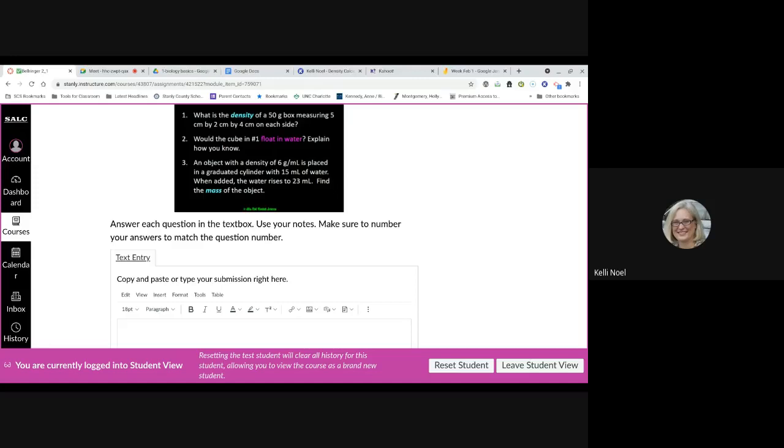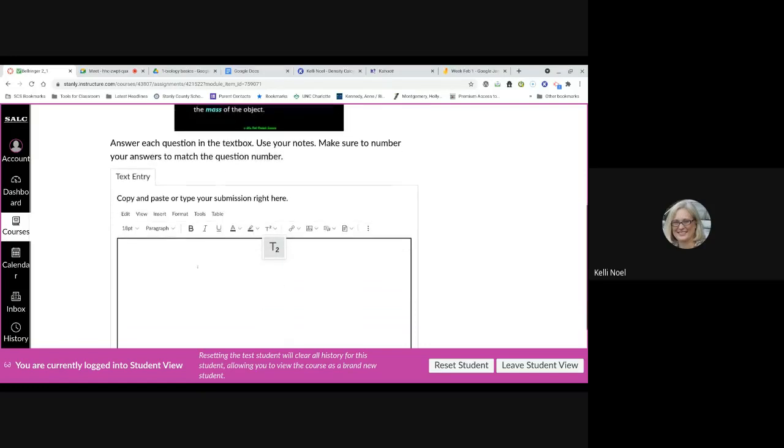And I sort of did it as a long row. Remember, right here, this little T with the squared will let you put in an exponent.